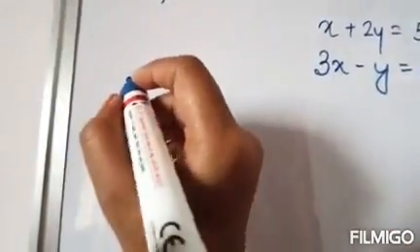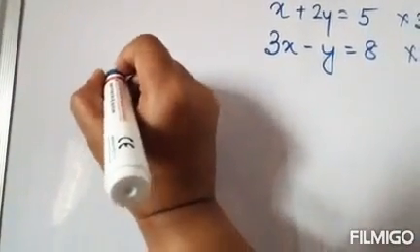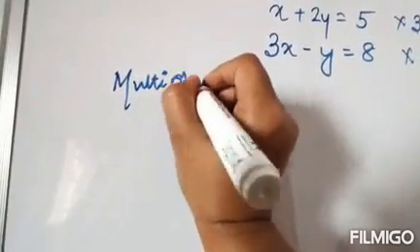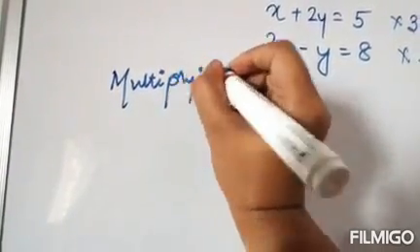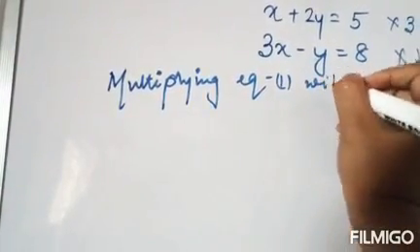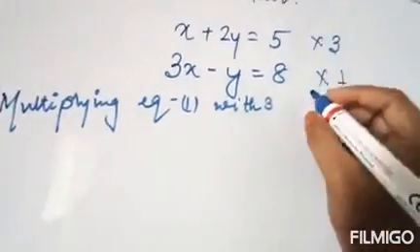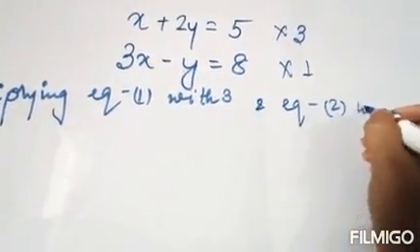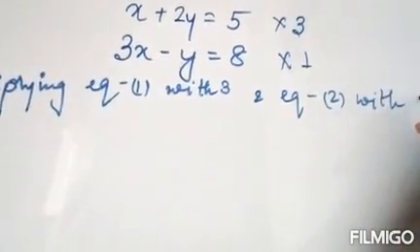So what will I write? Multiplying equation 1 with 3 and equation 2 with 1.